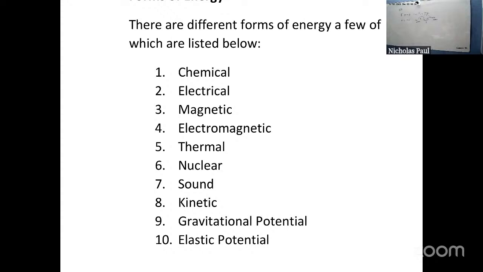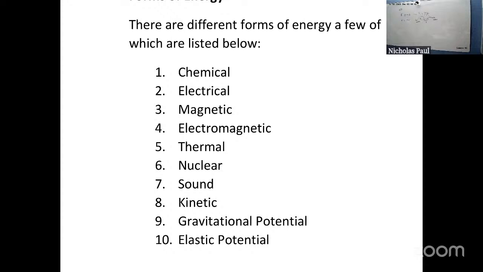Those bonds are more like electrostatic bonds, between positive and negative charges, so it's not chemical bonds so much. Chemical energy is like what you have in fuel. Fuel provides chemical energy.